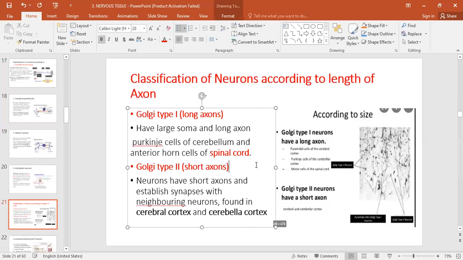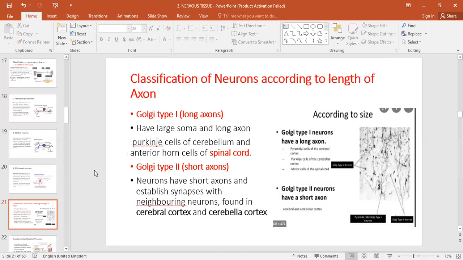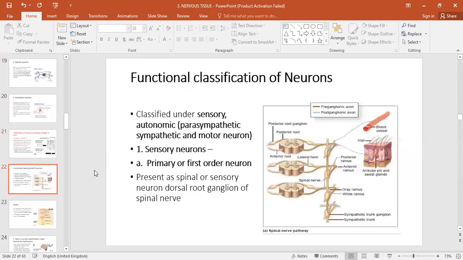So those are neurons with long axons. So we call them type 1 and type 2 neurons. We can also classify neurons based on whether they are taking impulses to the brain or they are taking impulses away from the brain and spinal cord.